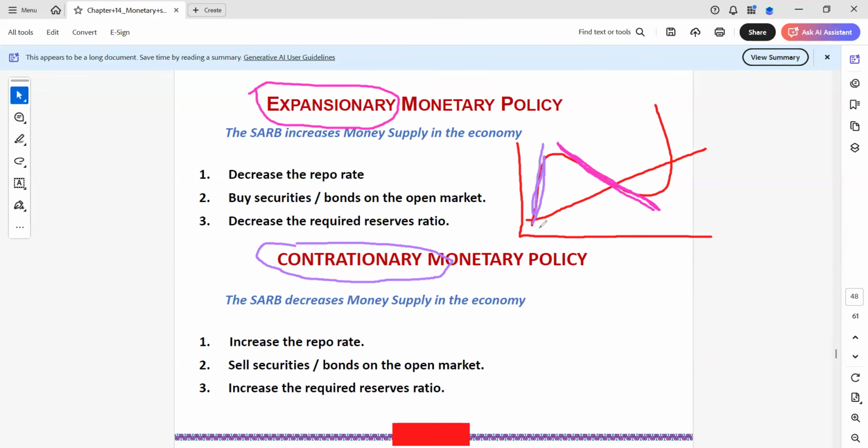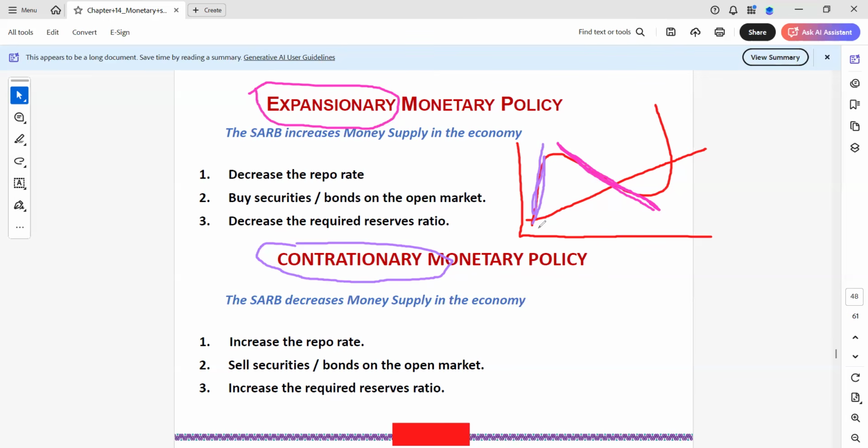So during this phase, the expansionary phase, the economy has economic growth, people are employed, and consumption expenditure is high.